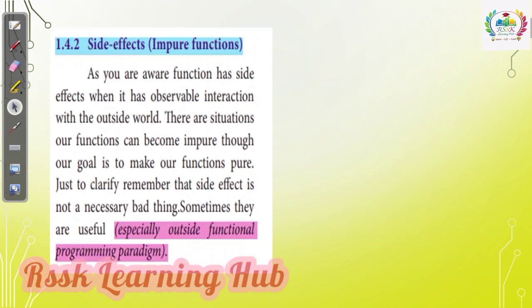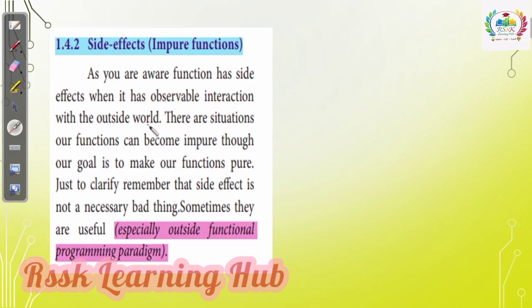Now we will see about the side effects of using an impure function. What are the side effects if you use an impure function in your program? A function has a side effect when it has observable interaction with the outside world.